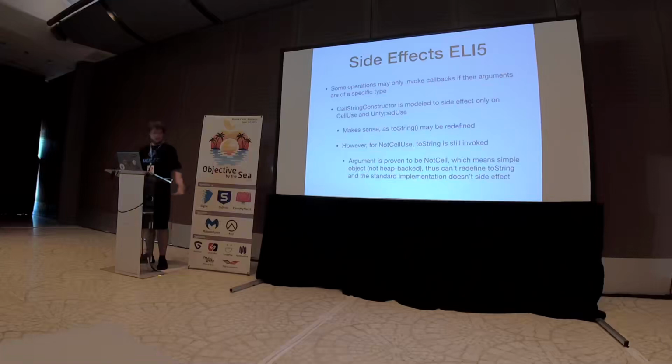However, for not cell use, they will not invoke toString. And this makes sense because as it's proven to be not cell, you can't redefine toString. And the normal toString implementation of booleans and integers, which are the two types represented by not cell, and undefined and simple objects that are not heap-backed, they cannot redefine toString. And so doing toString is not going to be side effecting on those.